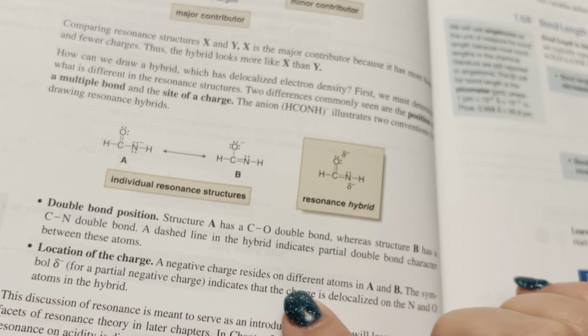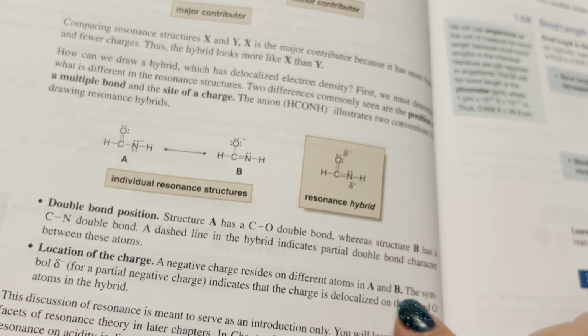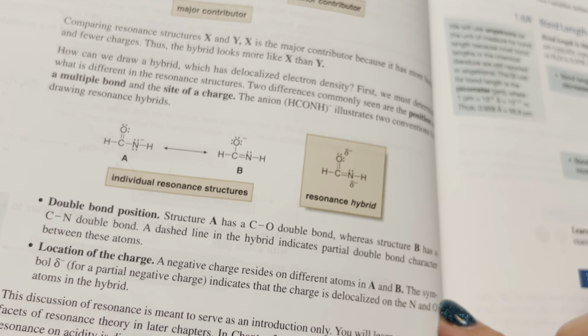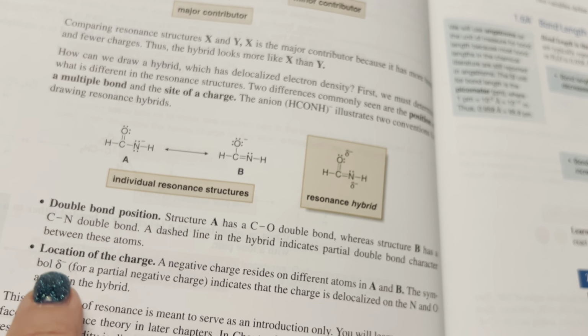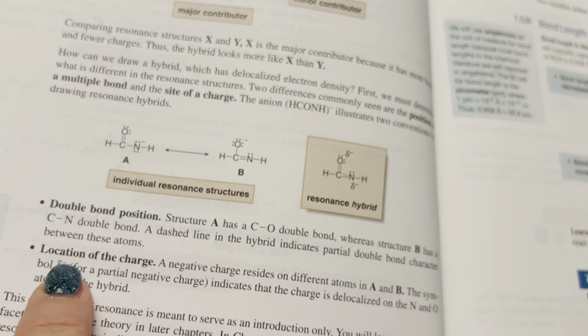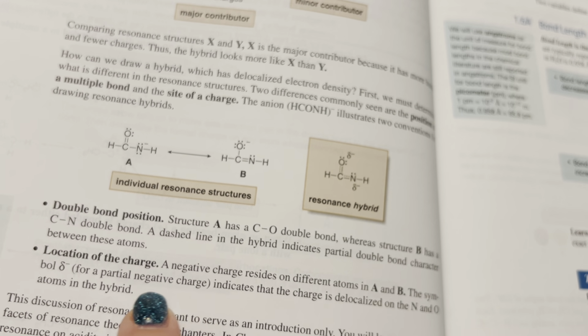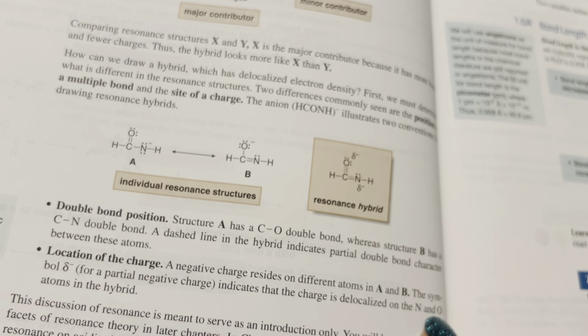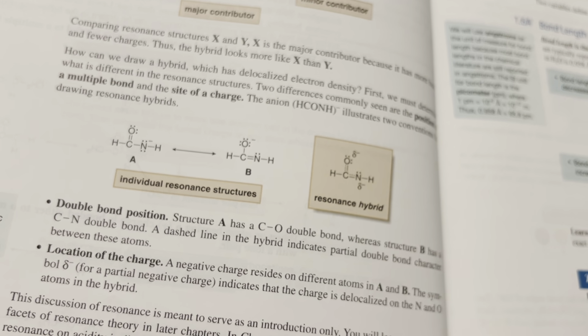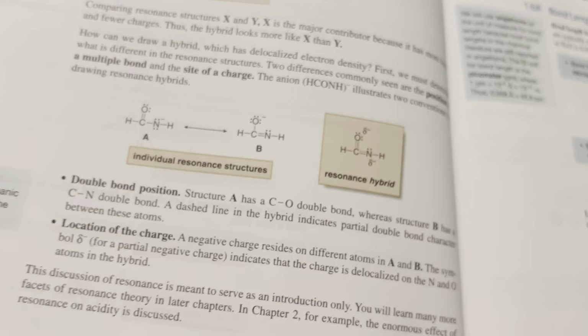A negative charge resides on different atoms in A and B. The symbol, a lowercase Greek delta with the negative sign, for a partial negative charge, indicates that the charge is delocalized on the nitrogen and oxygen atoms in the hybrid.